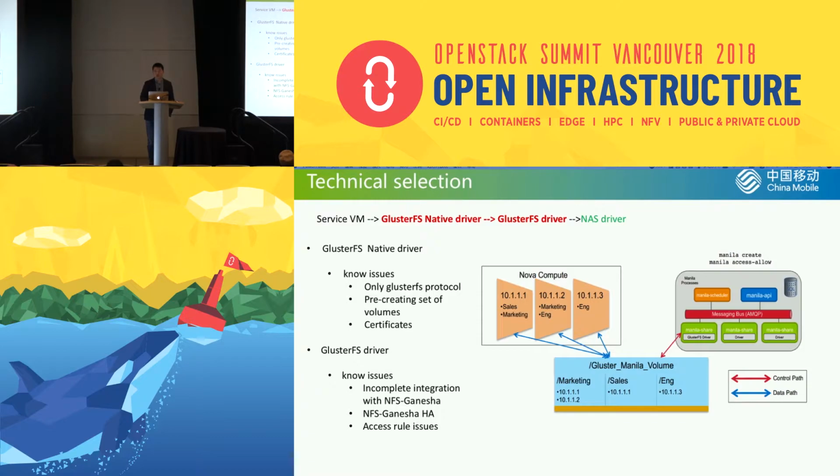The community version of GlusterFS and NFS-Ganesha integration is not production ready. The NFS-Ganesha portion is semi-finished, without NFS-Ganesha HA cluster high availability features. In this driver, the data path is not controlled by the Manila GlusterFS shell driver.